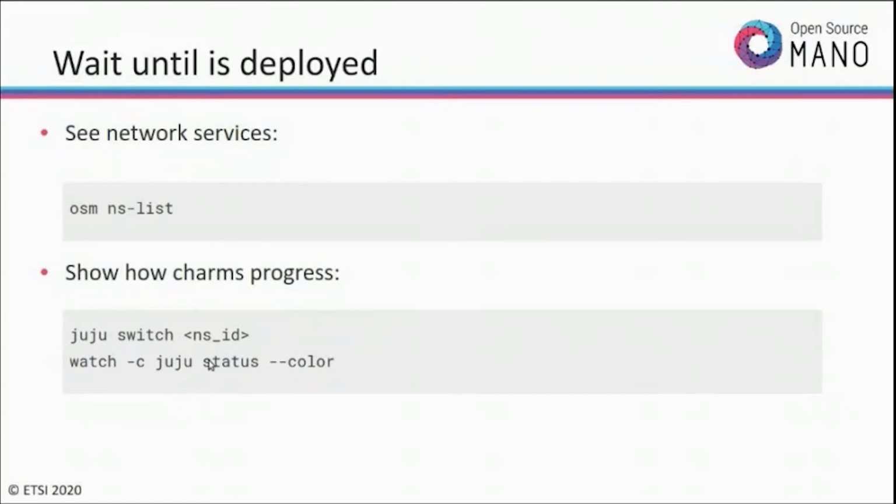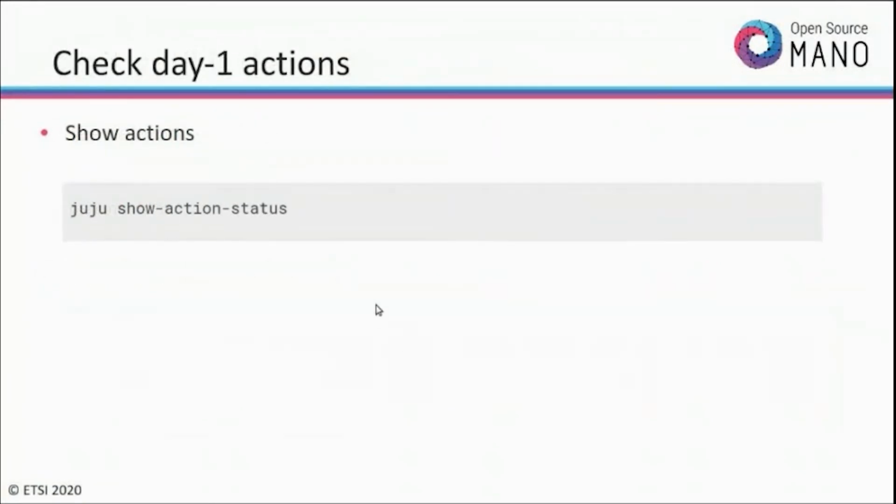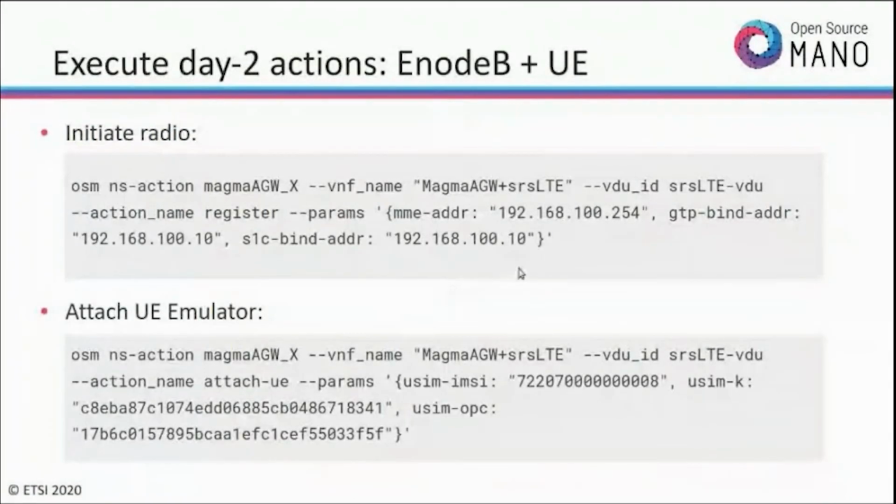In this case, an additional proxy charm should be there, basically because it's the one that we've seen in the gateway. These two commands were for registering the eNodeB to the magma EPC, and this one was for attaching the user emulator.